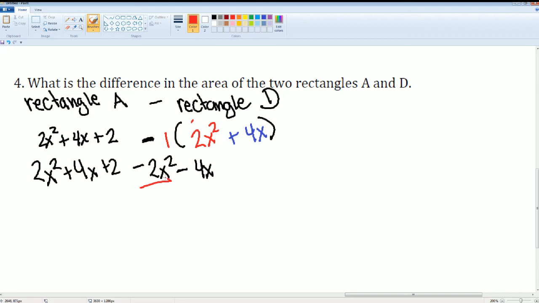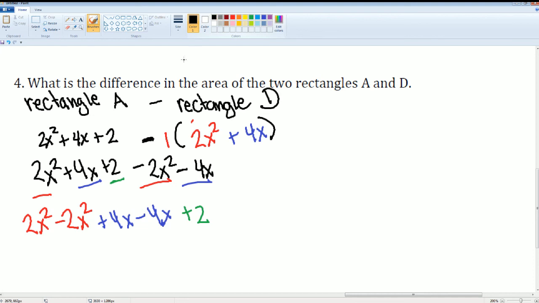All right, so you have this and this, so that is your 2x squared minus 2x squared. Then you have your 4x minus 4x, so that is plus 4x minus 4x. Then you have your constant of 2 that is left over.